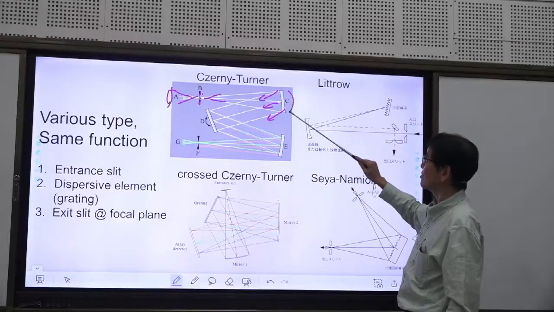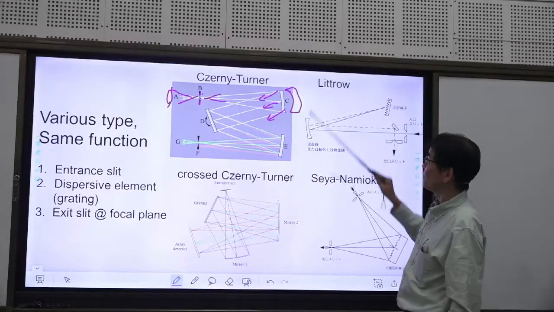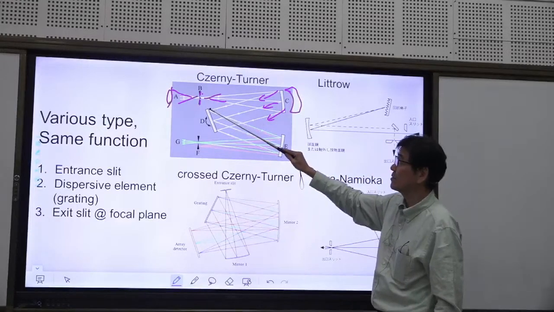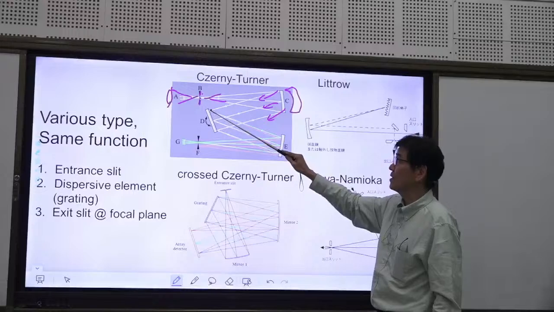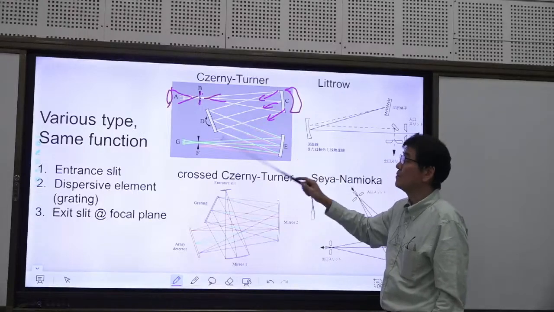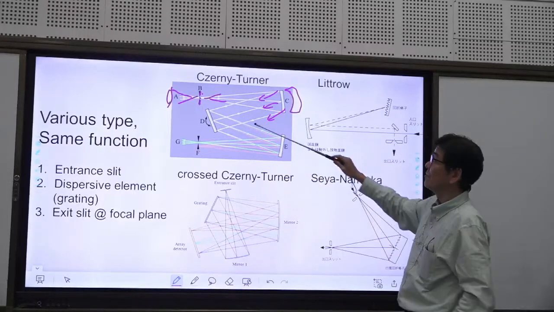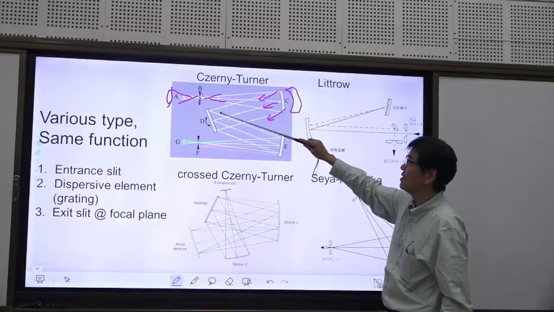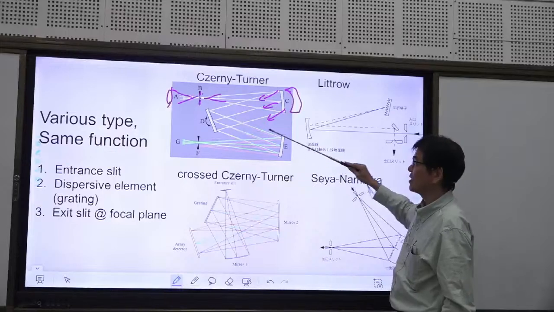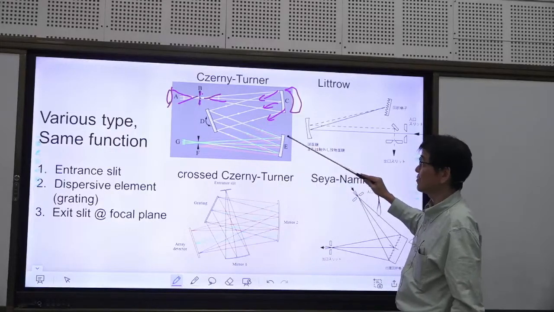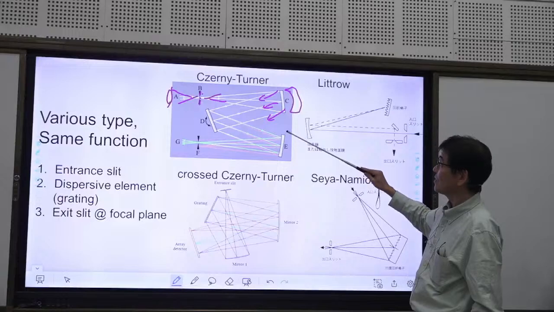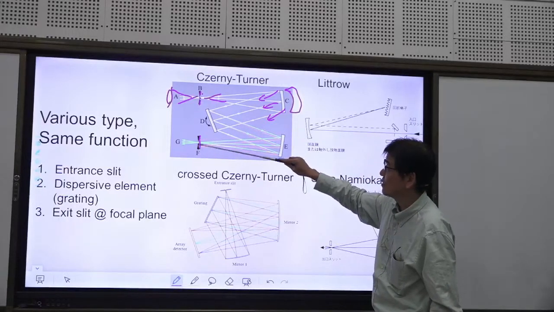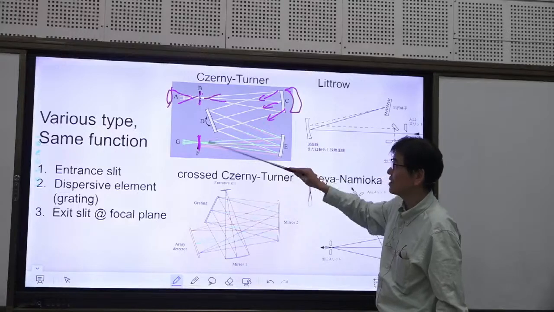This is a curved mirror. Then the parallel beam is irradiated onto the grating. Then this element makes each color propagate in a different direction. Then each color is focused on the exit slit.